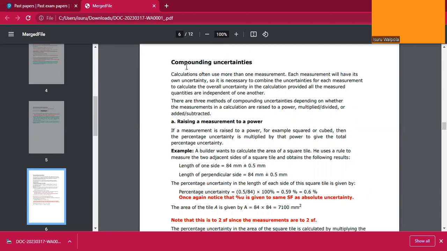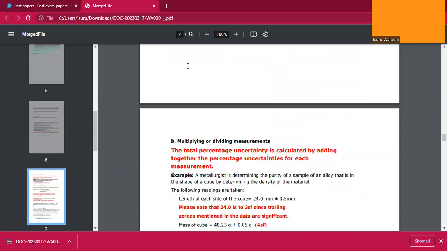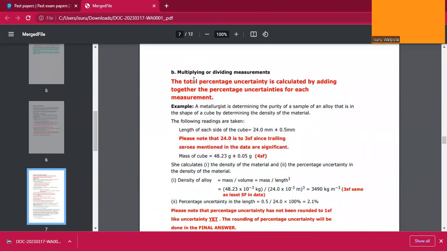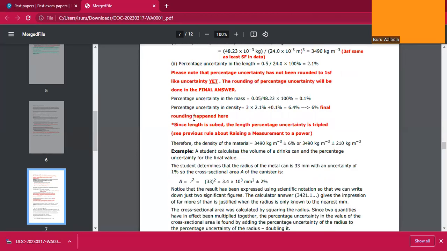Right. So there are really only two rules. There's one rule for division and multiplication. I've put it in big letters here. Total percentage uncertainty is calculated by adding together the percentage uncertainties for the measurements. So that's for multiplication and division. There's an example here, I'll get to that.